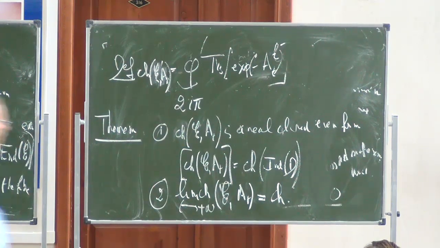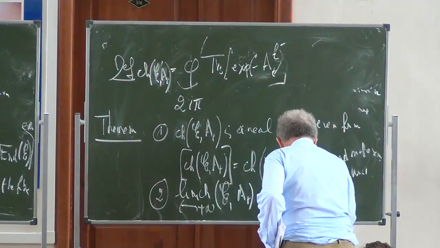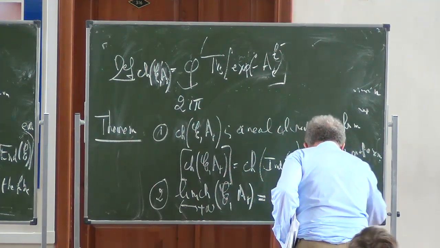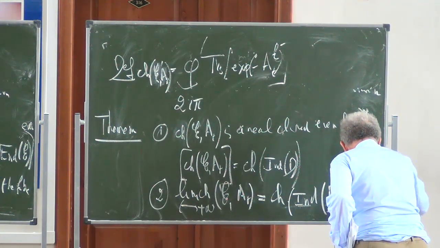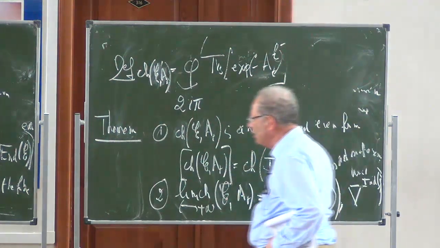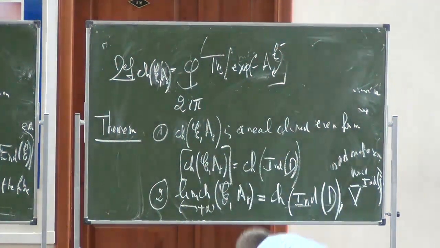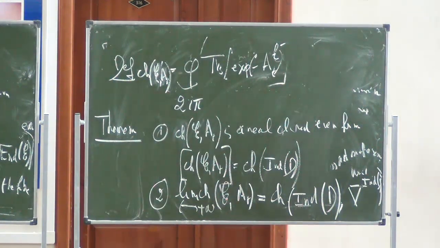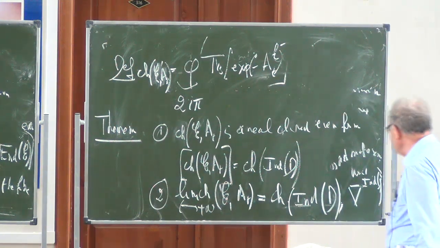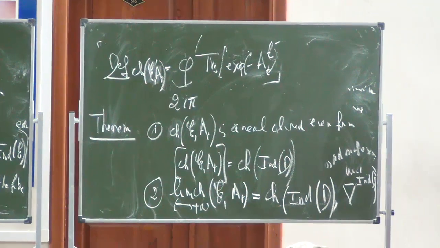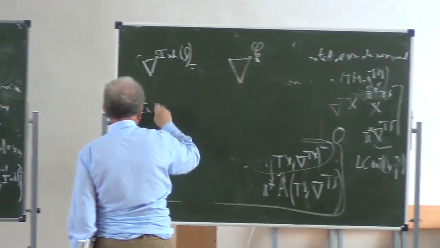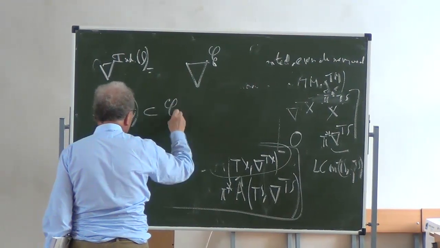This will actually be the Chern character form for the index of D equipped with a canonical connection, that I will explain, the connection nabla ind of D. Once you have a connection on E, since ind of D is a sub-bundle of the vector bundle E, right?